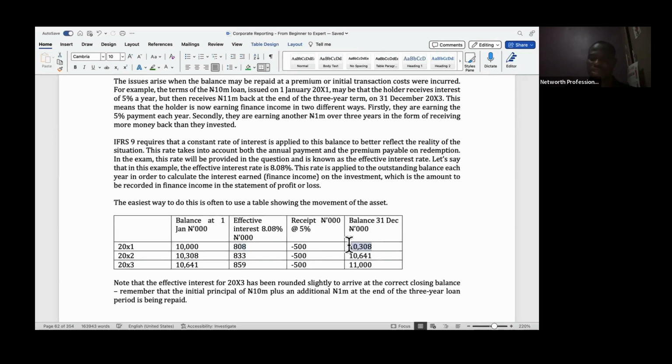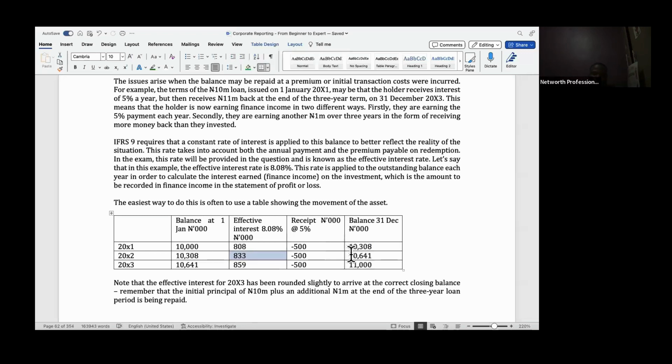And this 10,308, because I'm expecting to receive my money back after 2 years, which is 2003, is going to come in under non-current assets. And this other 833 in year 2 goes to my P&L in year 2.